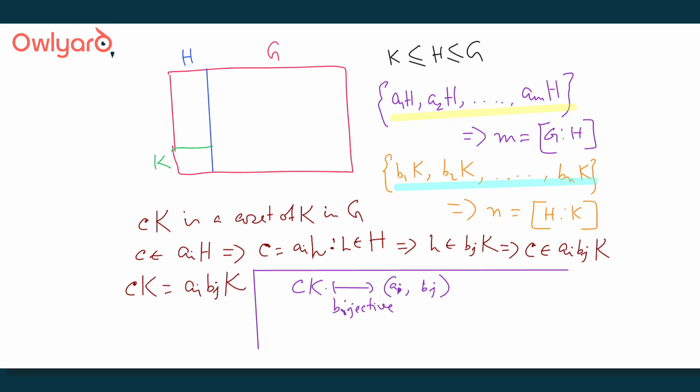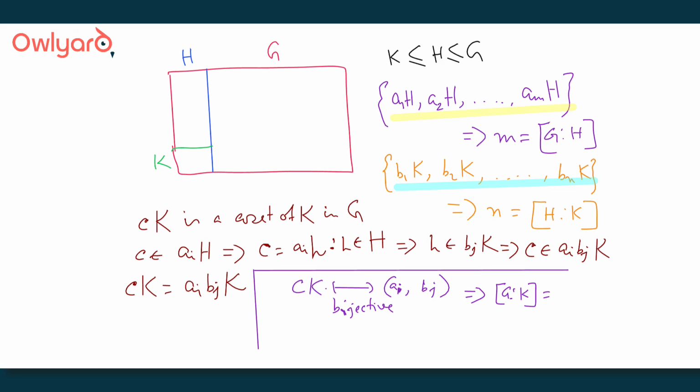And this bijectivity will essentially imply that the total number of cosets of K in G, which is the index of K in G, must be the same as the number of ways I can choose AI and BJ. Now I can choose AI in m number of ways, as you can see here, and of course I can choose BJ in n number of ways.